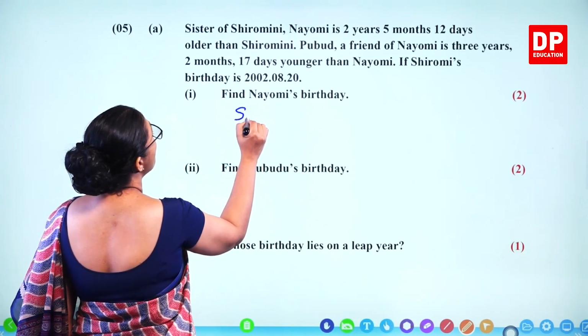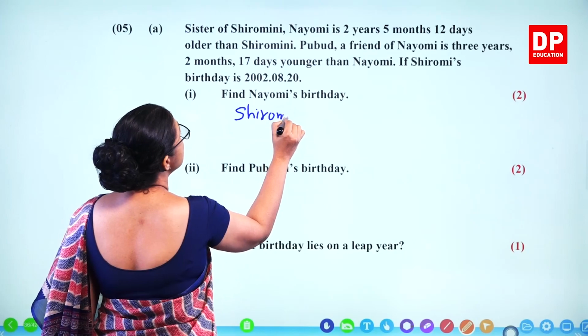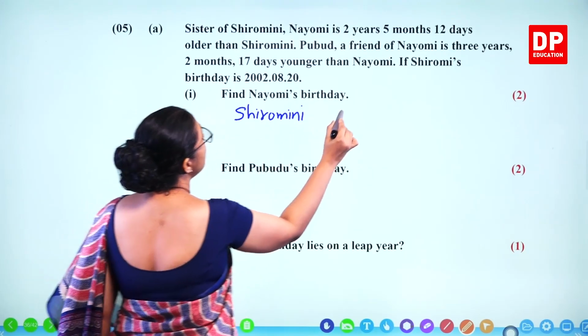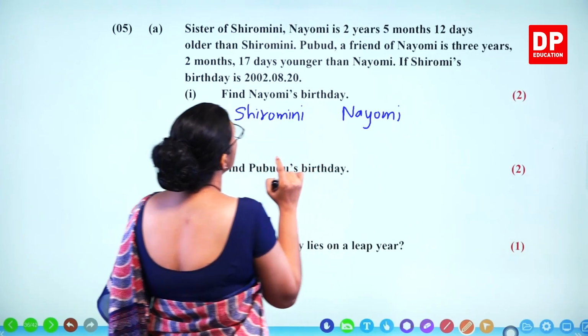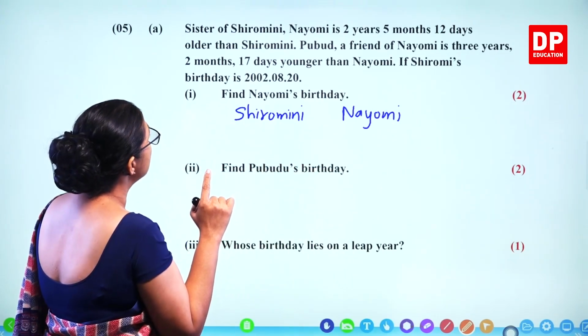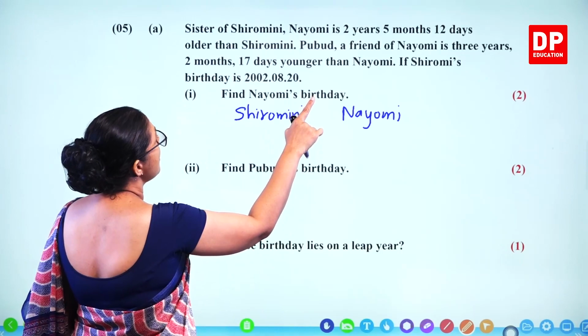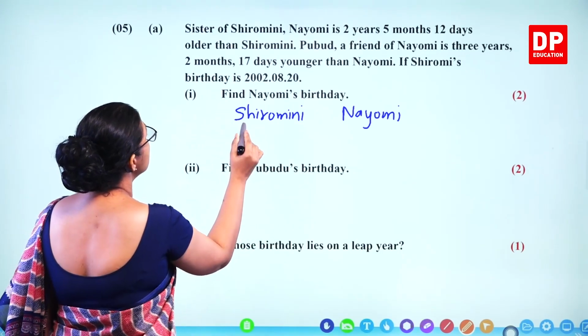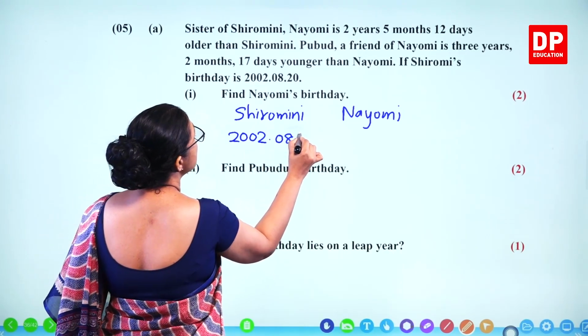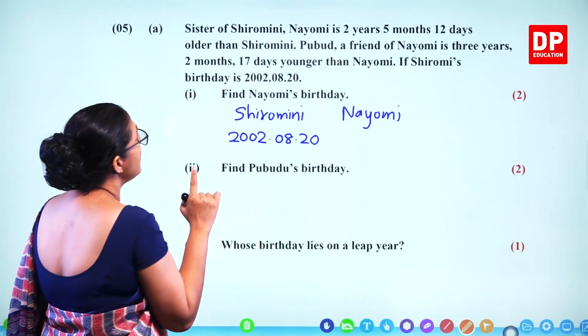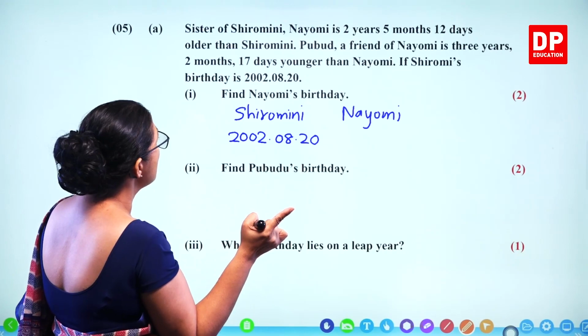Shiromani is there. Naomi is there. So Naomi's birthday. It says if Shiromani's birthday is 2002, 8/20. And what about Naomi's birthday?